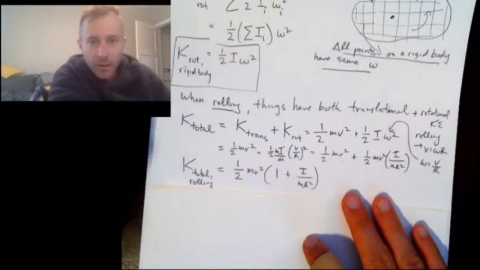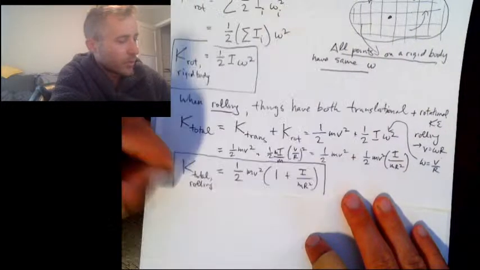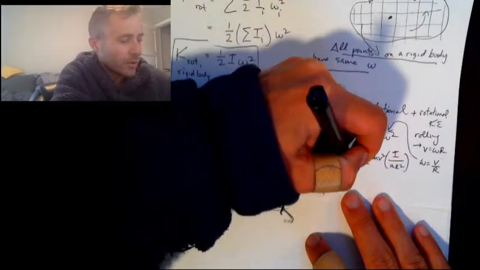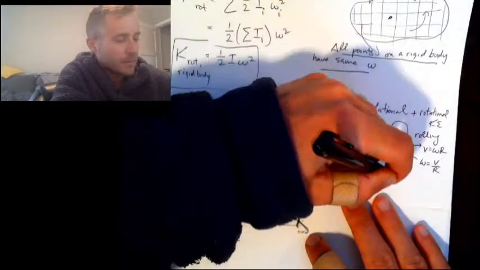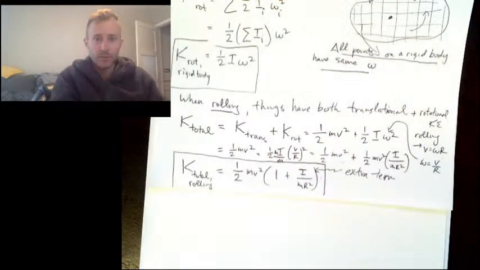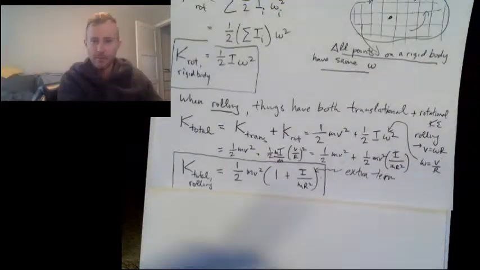All right, so notice how this is an important equation, and there's this extra term present, and the reason that extra term is there is because of the rolling. So there's an additional term that we didn't have if something is just translating.